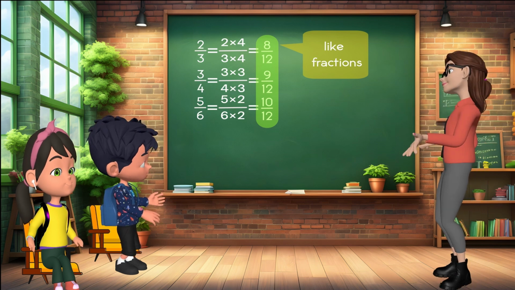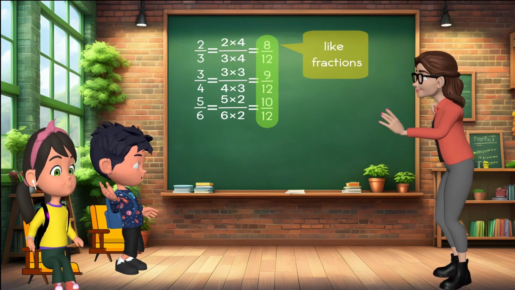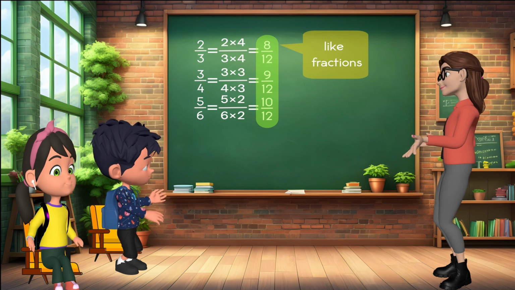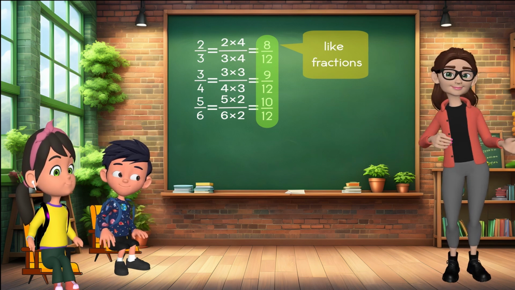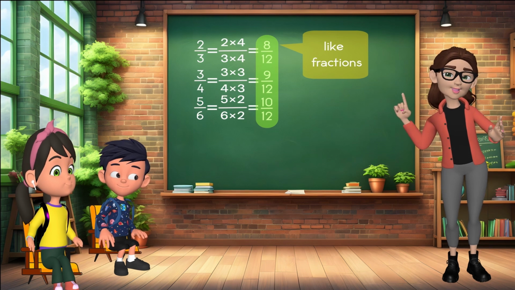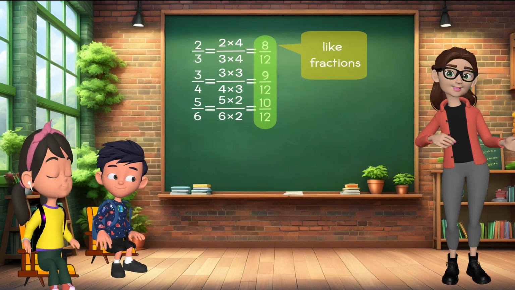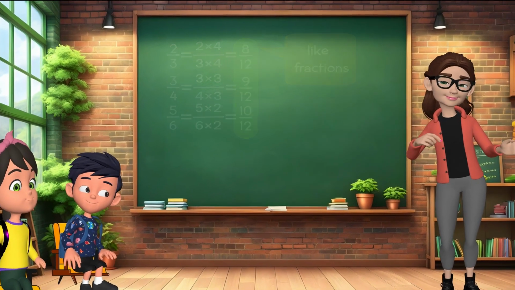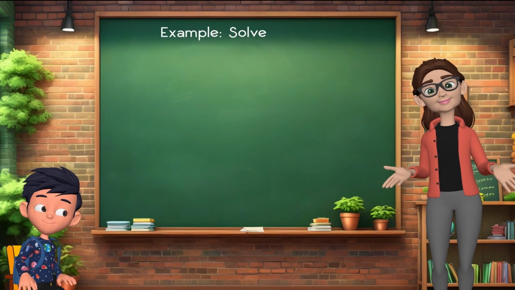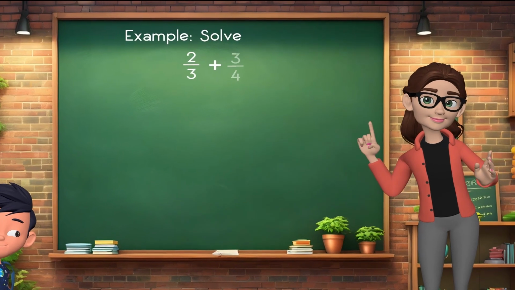Ma'am, when should we convert the unlike fractions into like fractions? Excellent question. We convert the unlike fractions to like fractions before adding or subtracting, and to compare the unlike fractions. Example: solve 2/3 plus 3/4 plus 5/6.